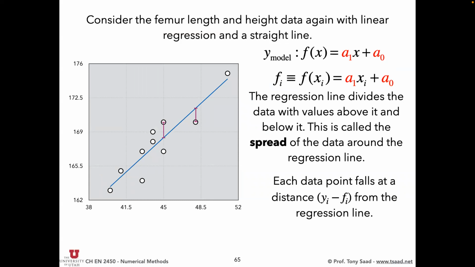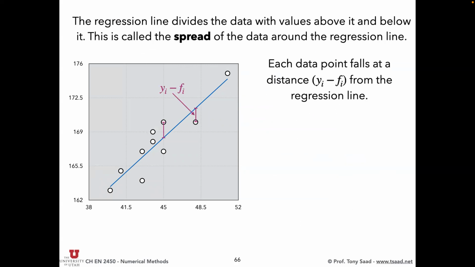Remember, yi is the value that was given to you, that white disk with a black line around it, and the fi value is the value predicted by the regression line. That distance, we're going to use to define an error, just like we did with the mean value. That's yi minus fi.